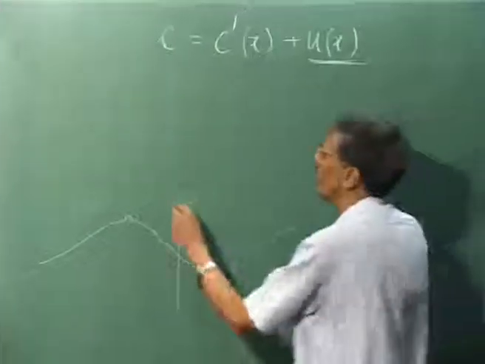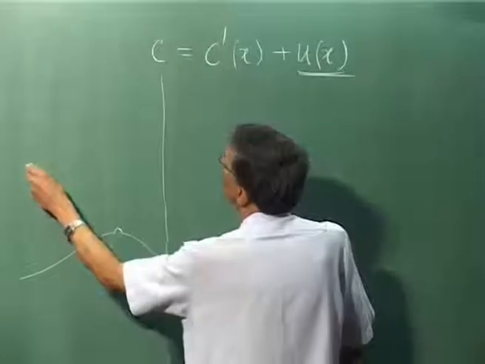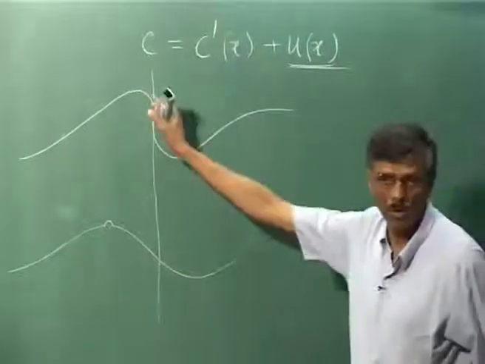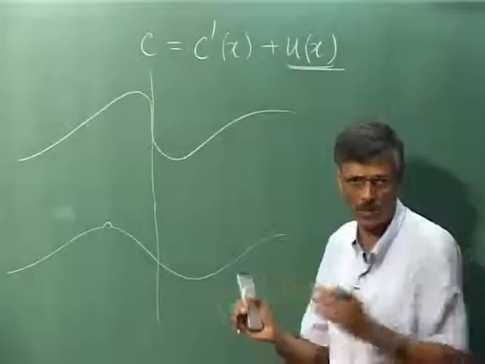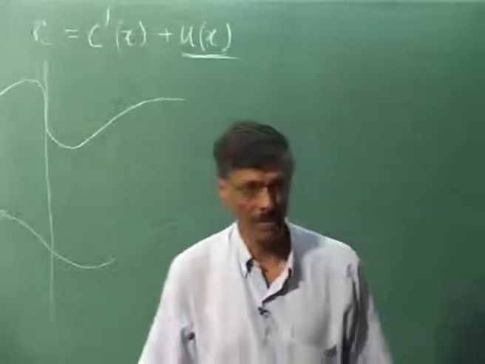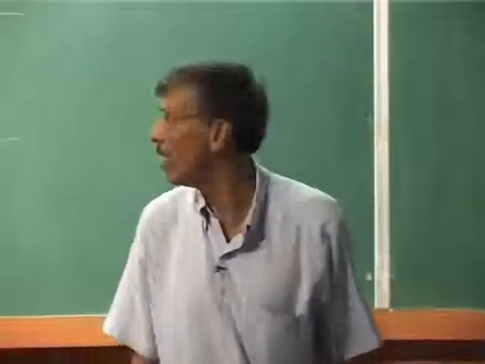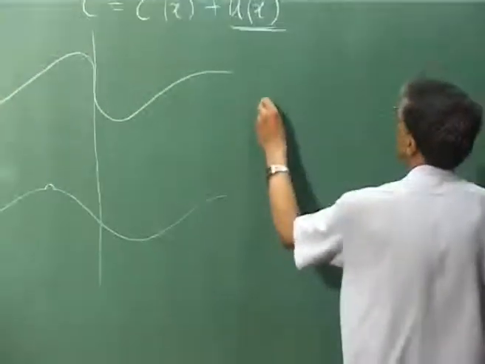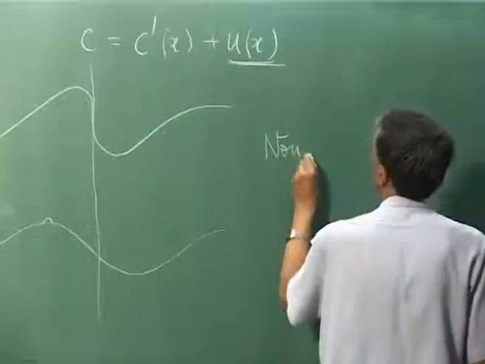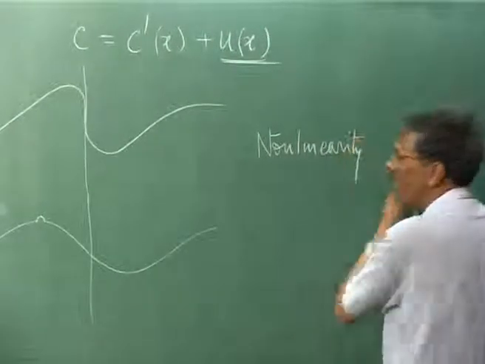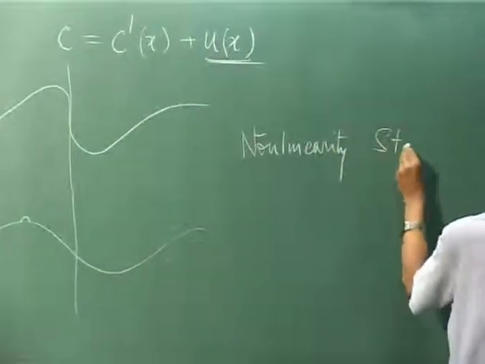With the passage of time, you are going to see something like this. This part will move faster compared to this, so there would be a steepening of the wave. This is the normal attribute of nonlinearity. Nonlinearity steepens by itself.